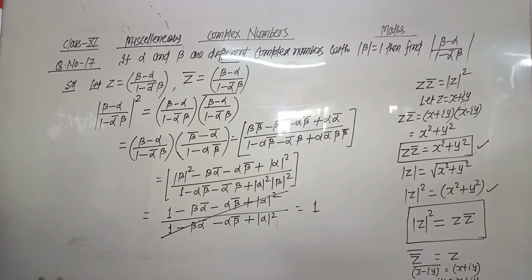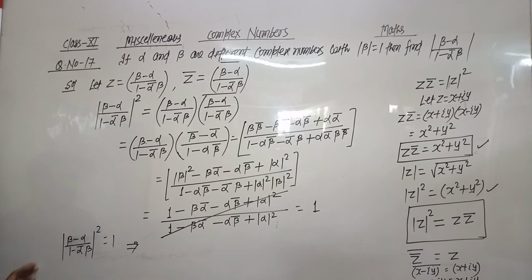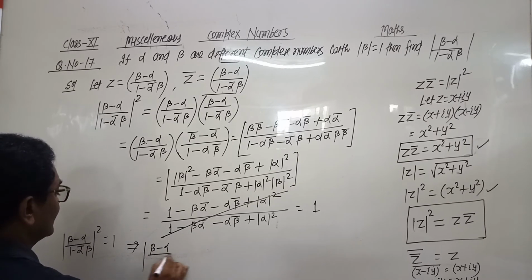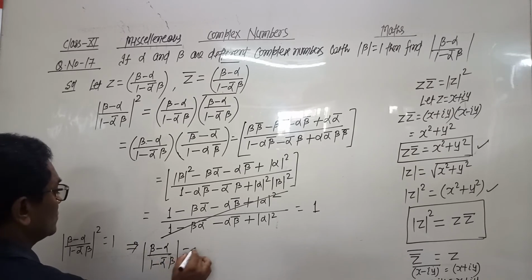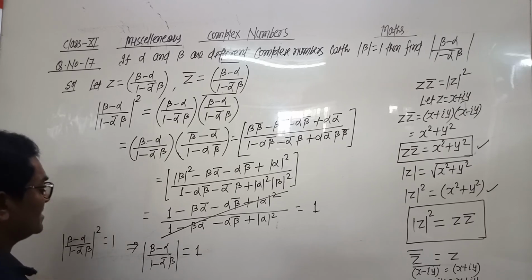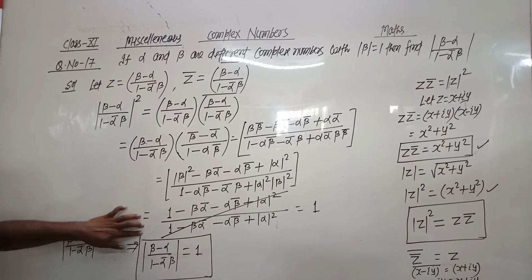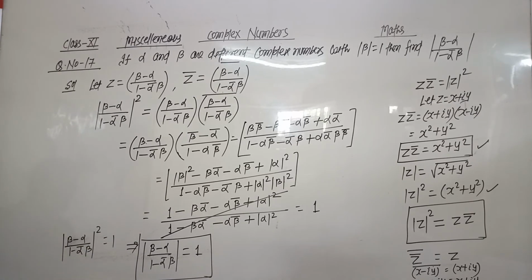So we get that mod of beta minus alpha upon 1 minus alpha bar beta, the whole square, equals 1, and taking the square root on both sides, the square root of 1 is 1. So the result is mod of beta minus alpha upon 1 minus alpha bar beta equals 1.